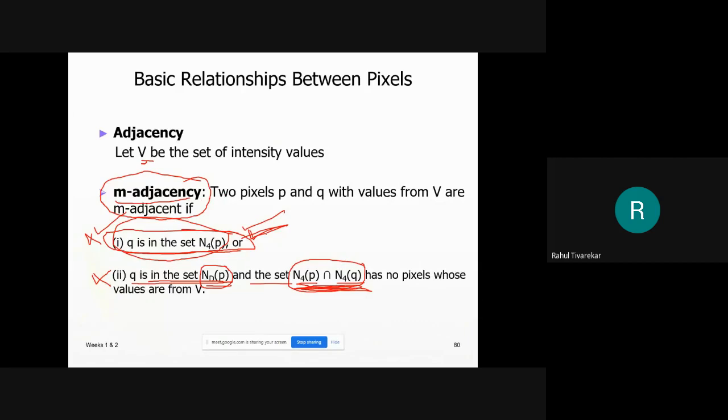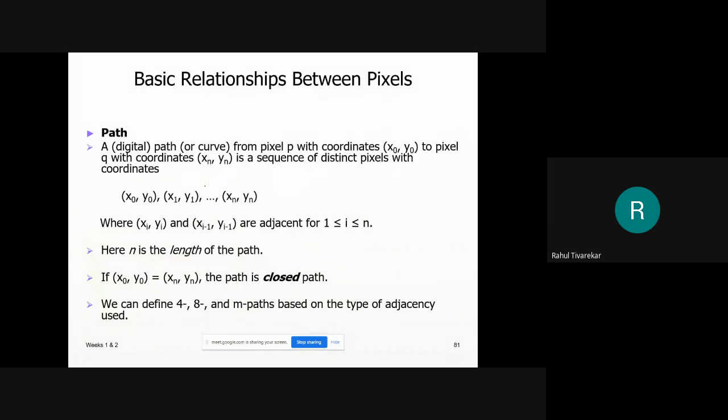So here, M adjacency means either they are adjacent because of the four neighbor, or the four neighbor is not common and they are adjacent because of the diagonal neighbor. So here there is a priority on the adjacency. You first look for four adjacency, and if that is not true, then you look for diagonal adjacency. And if you find the diagonal adjacency, then this is collectively called M adjacency. We will see an example later, and then you will understand in a better way.